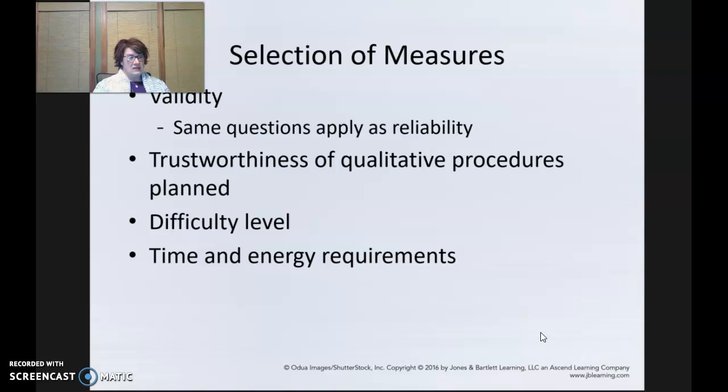When we're looking at validity, we need to think about the same types of things. Really making sure that it's appropriate for our study, making sure that it has been proven to be a valid tool or test, and really focusing on if it's appropriate for a particular population.